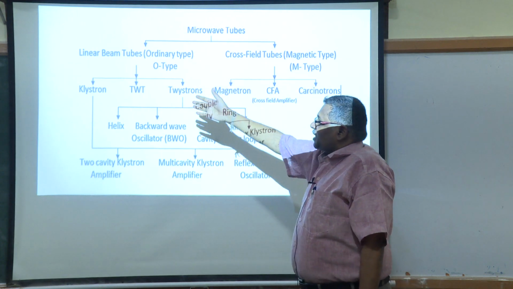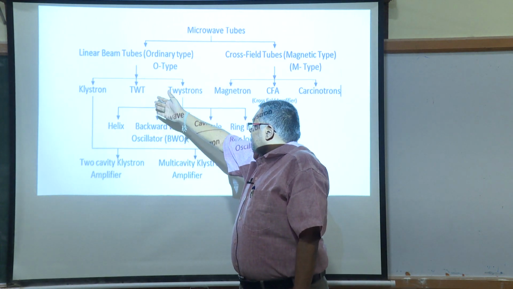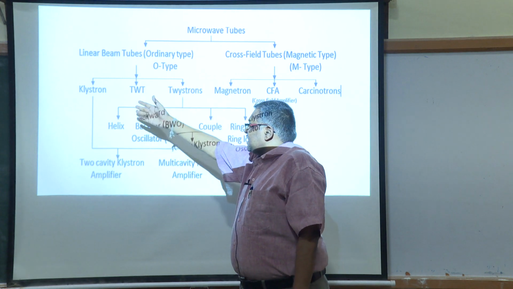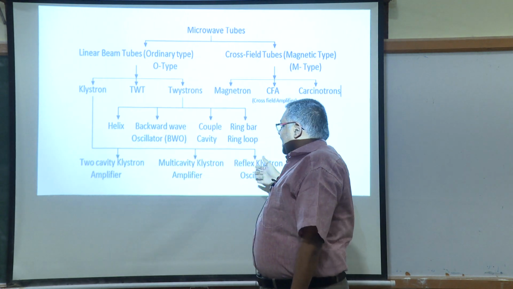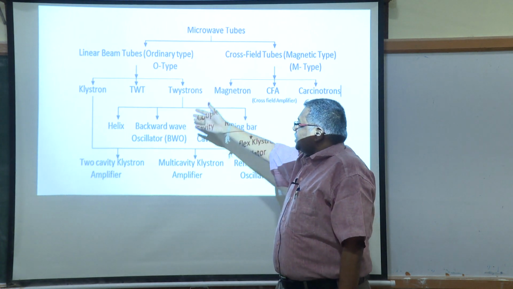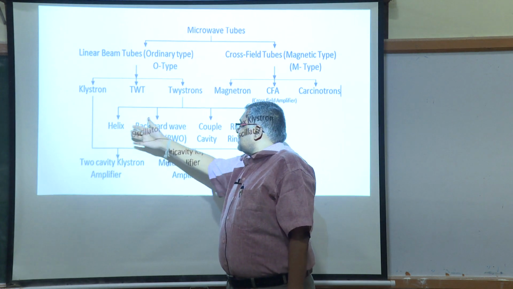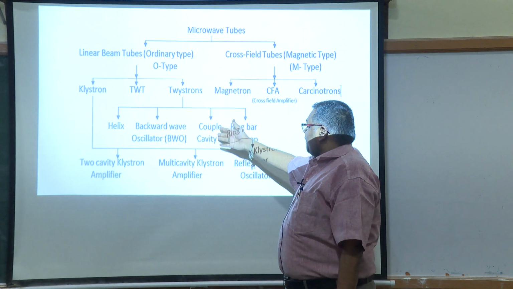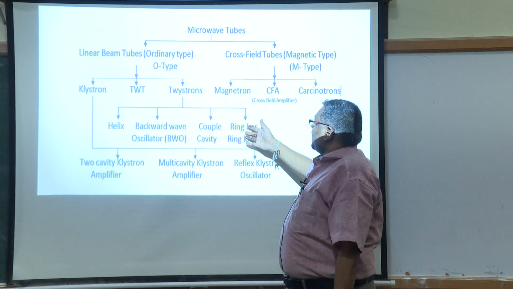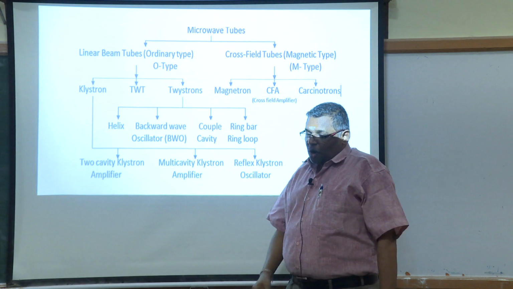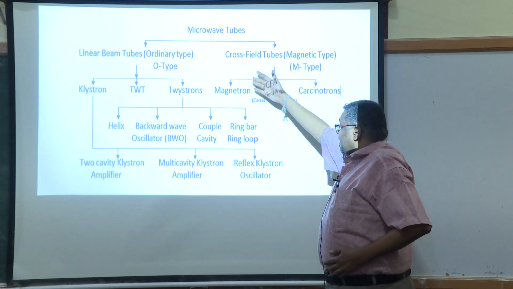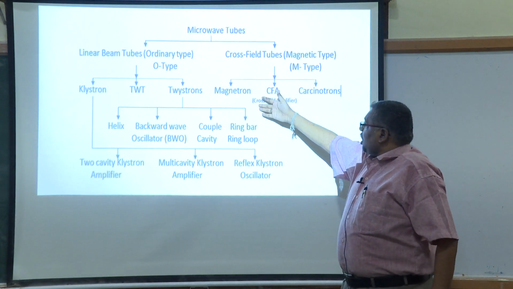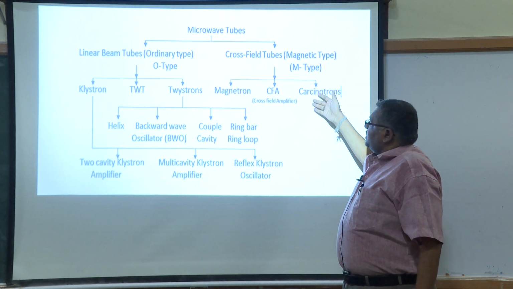Linear beam tubes can be divided into klystron, travelling wave tube, and twistons. Klystrons can be broadly classified into two cavity klystrons, multi cavity klystrons, and reflex klystrons. Twistons consist of helix, backward oscillator, coupled cavity, and ring bar or ring loop. The magnetron is in the M type category, along with the cross field amplifier and the senetrons.